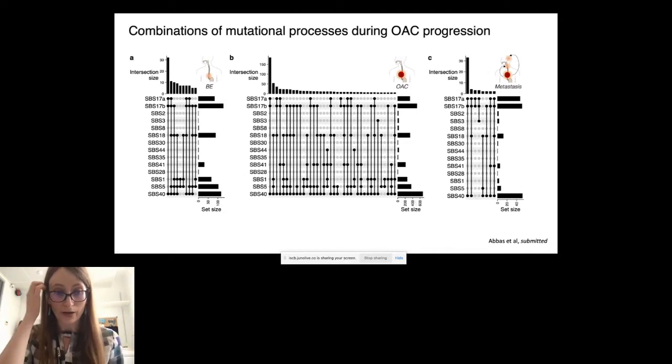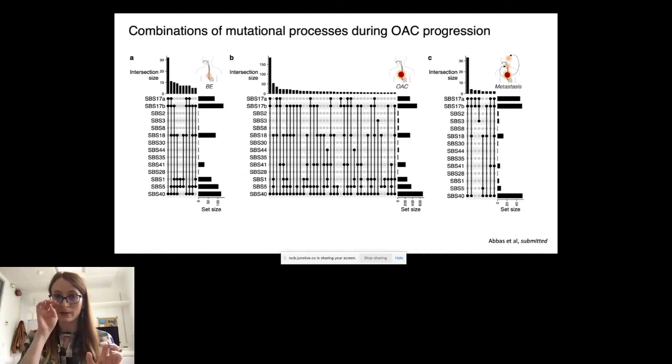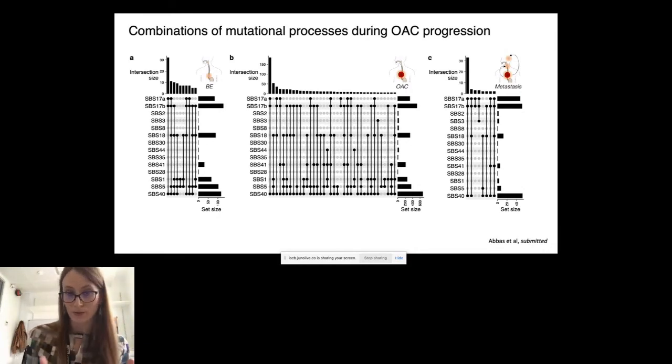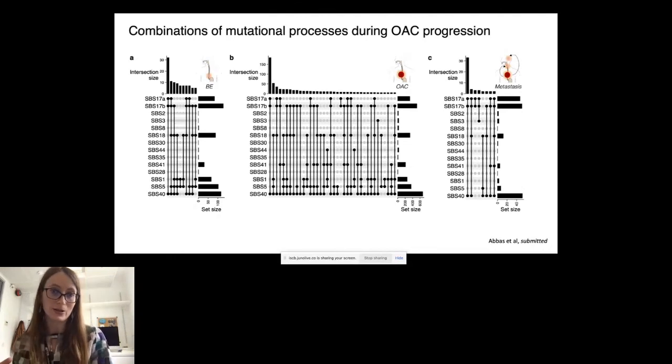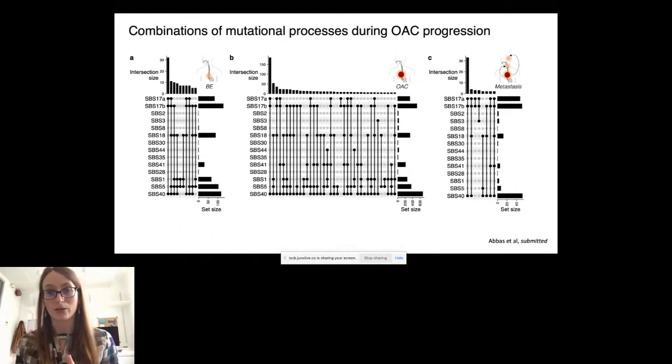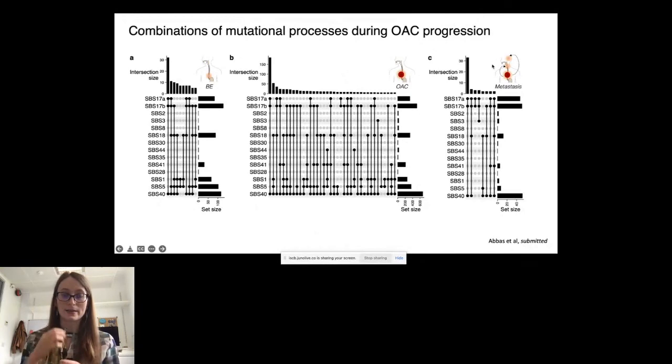The way we've been trying to model this is by reasoning that there are different mutational processes, acting in different combinations in different patients, but also at different stages of the disease. So is there a way in which we might determine that certain mutational processes are more important for the transition from Barrett's esophagus to esophageal cancer, or from the primary tumor to the metastasis?